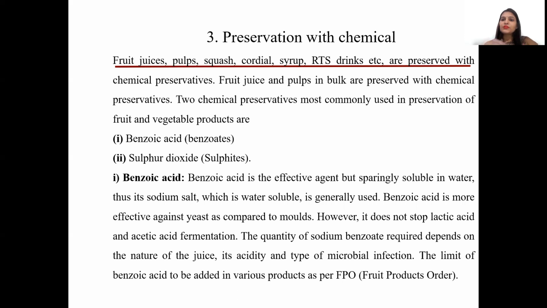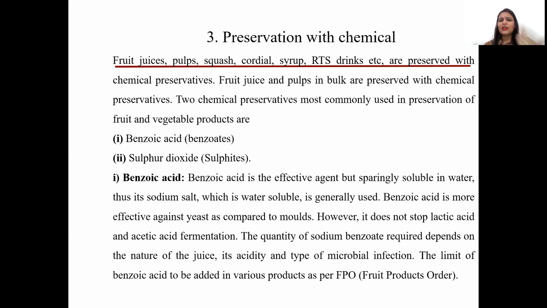Suppose we have a mango juice, we can easily use sulfur dioxide. That is a yellow color, but a water insoluble yellow color, so it will not be bleached by the addition of potassium metabisulfite. Now, got it? In water soluble colored juices we always use benzoic acid, and for water insoluble colored juices like lemon juice we can use potassium metabisulfite.